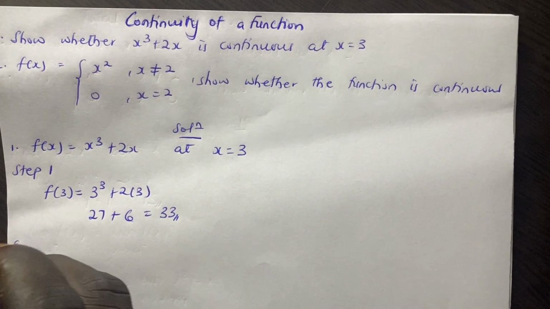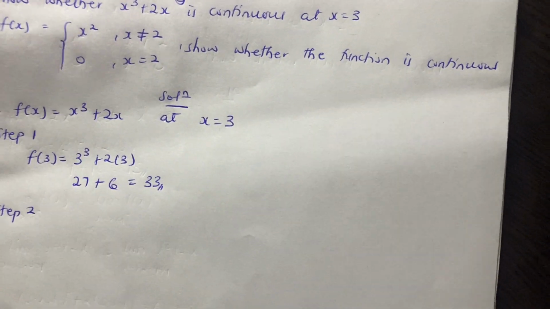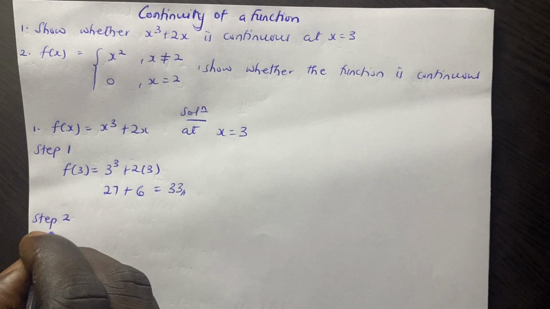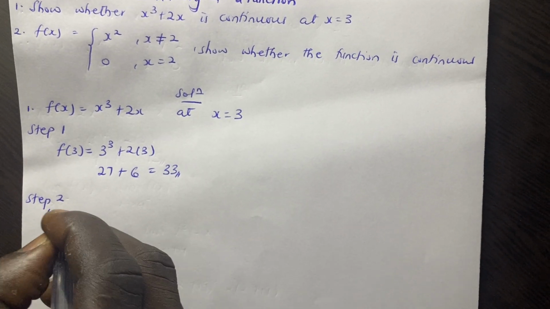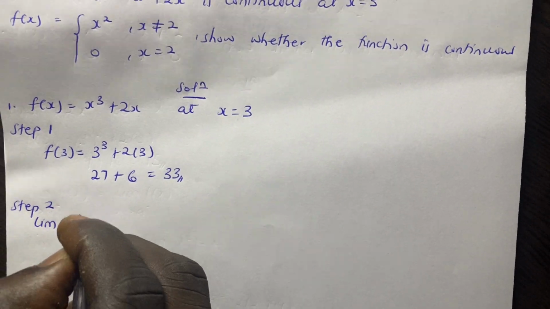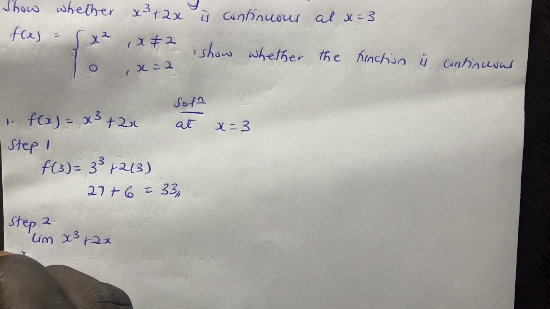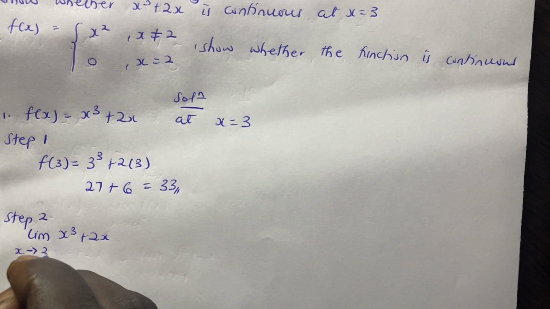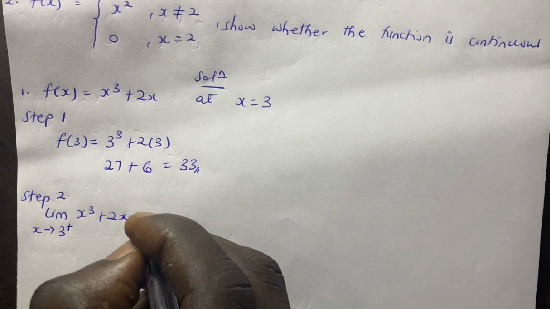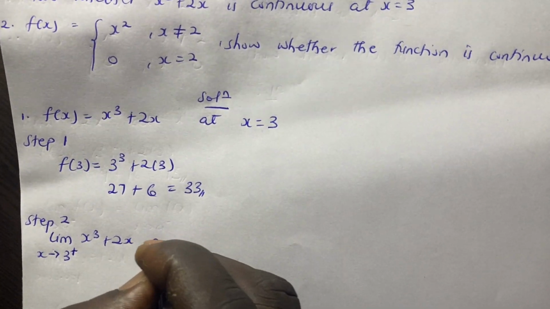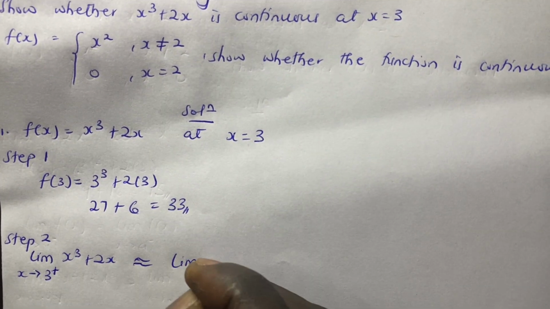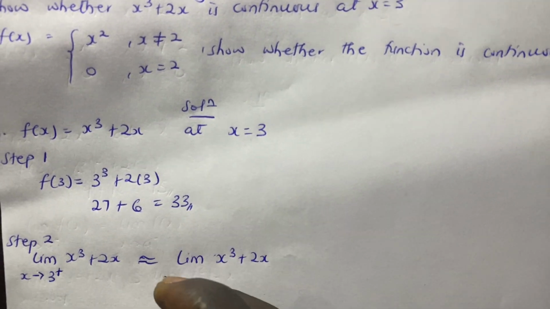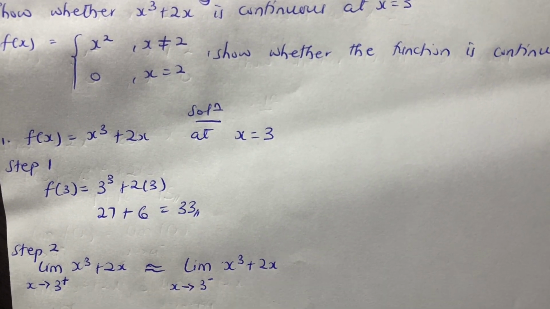Step 2, now we have to find the increasing and decreasing limits of the function, right? So limit of f of x, which is x cubed plus 2x, as x is increasing, so the increasing, we have 3 plus here, and this should be approximately equal to the limit of f of x, which is x cubed plus 2x, as x maps to 3 decreasing, right?